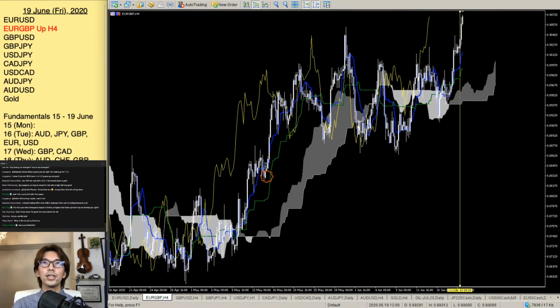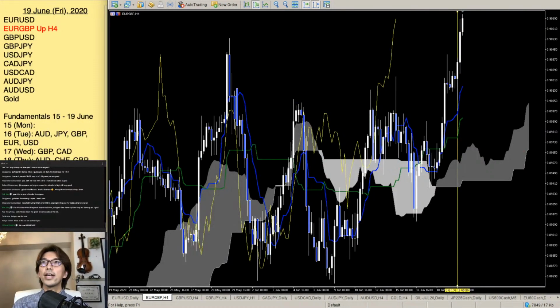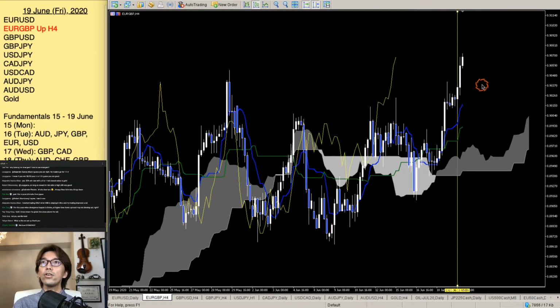In the 4-hour chart, I don't look at the stochastics, but I mainly look at the price action. What you can see is that from this candlestick, the price is actually going upwards. So on the next candlestick, you can look for the buy chance. Or if the market is already moving upwards at that time, then I will take that divergence and take a buy, expecting the market to go upwards this way too.